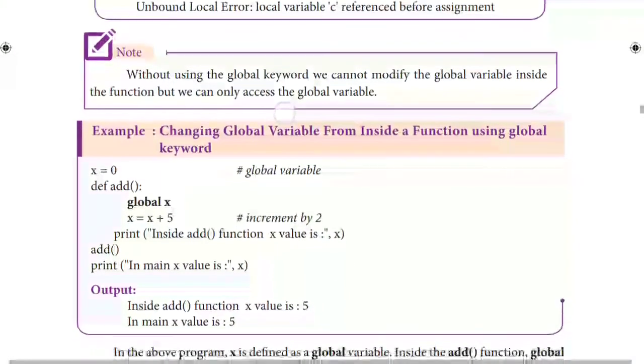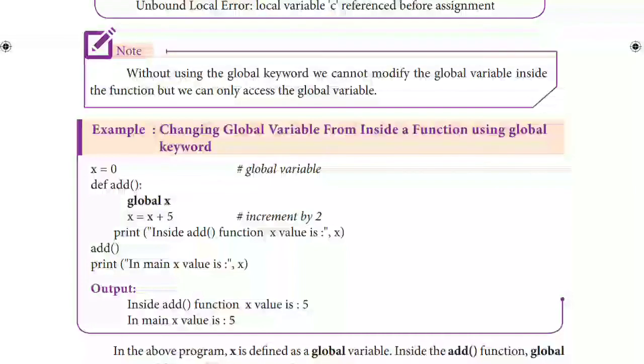So if you want to change the variable, you can see that global x is used here. x is equal to 0, add is the function name, global x will get the global variable, and x is equal to x plus 5. Now the value is changed and it is printed and it is called here.